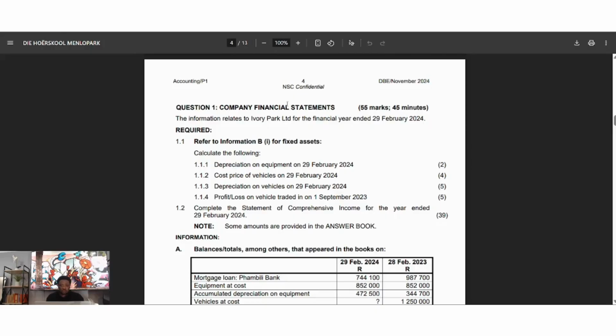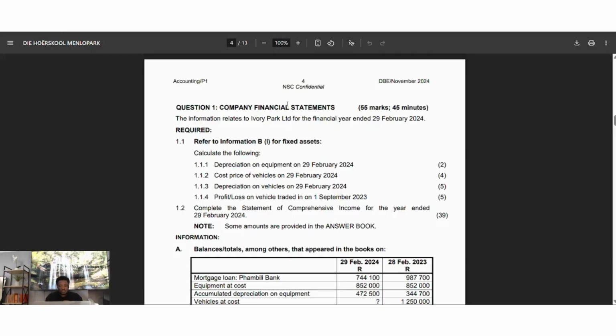We need to refer to the information B, that is for fixed assets, and then we need to calculate depreciation on equipment, cost price of vehicles, depreciation of vehicles, profit and loss of vehicles, and after that we'll complete the statement of comprehensive income for the year ended 29 February 2024.